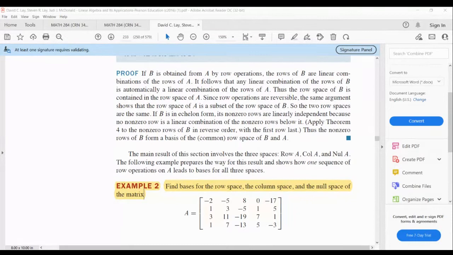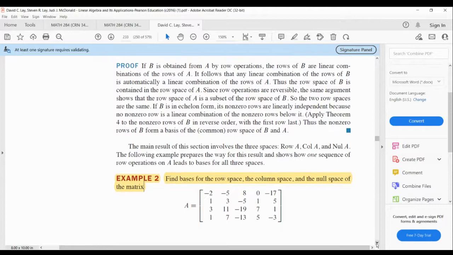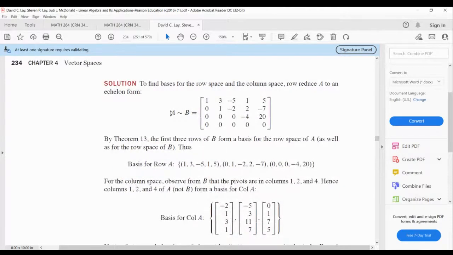This is a rather large matrix, 4 rows and 5 columns. We could put this matrix in MATLAB and get the echelon form of the matrix. And if we did that, we would get what you're going to see now. The matrix A is row equivalent to the matrix B.